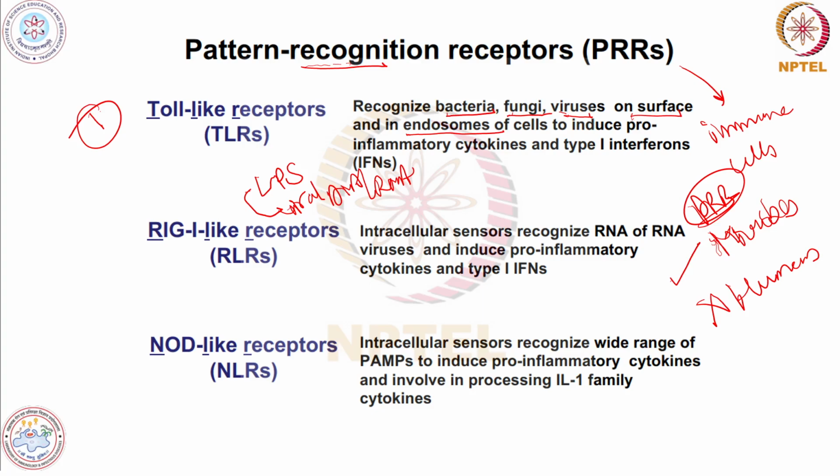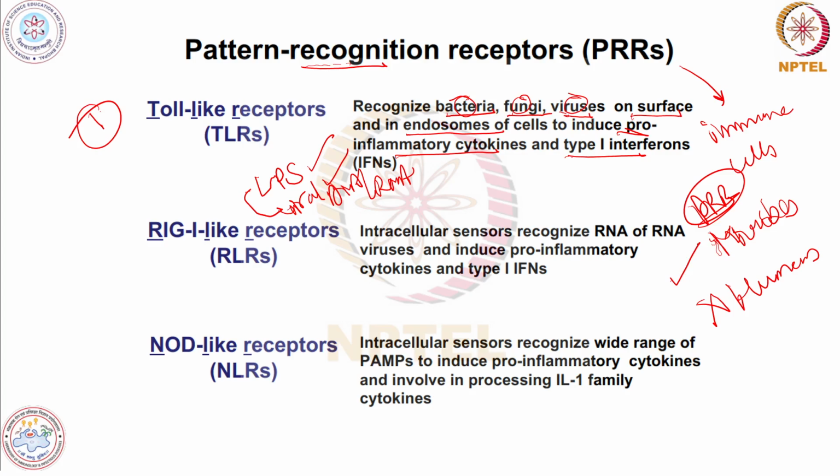Once these TLRs are active, they induce pro-inflammatory cytokines and type 1 interferons to fight the infection. So what the TLRs do is they first recognize bacteria, fungi, and viruses by their lipopolysaccharide or their DNA or RNA presence in our body.